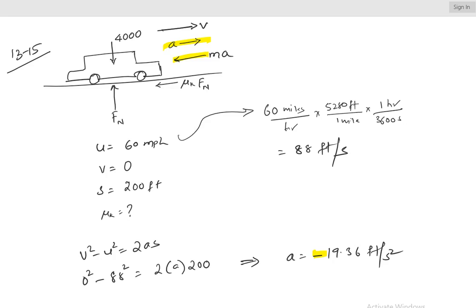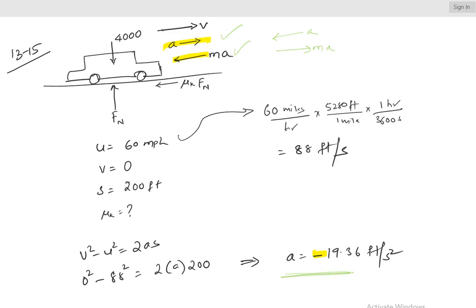I'm going to, let me do that in green. We flip the a this way and then the ma this way and change the sign here. Okay, so because I've already drawn this, I'm going to go with it. I'm going to keep these directions and continue to use negative for acceleration.